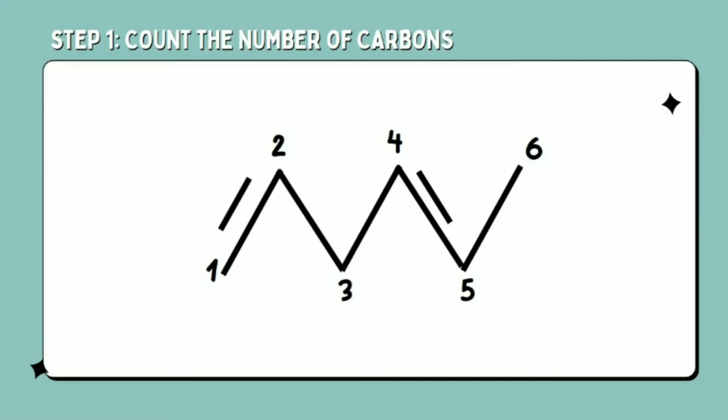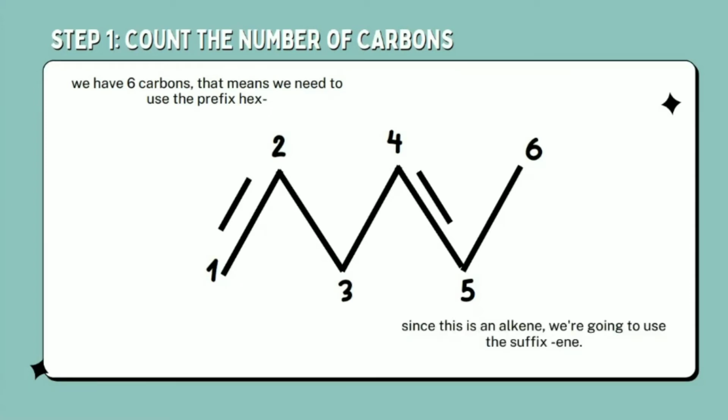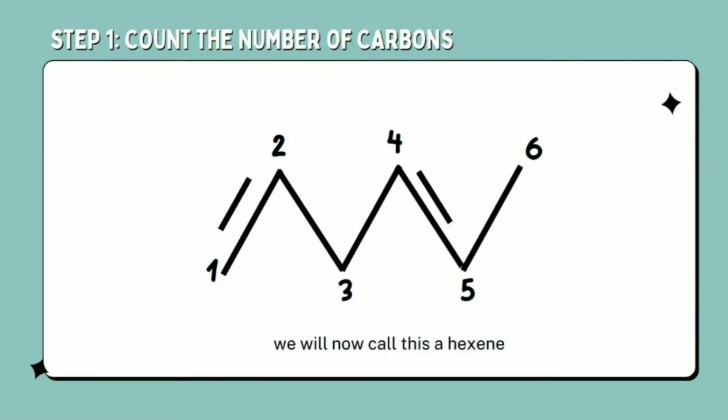Take note that this is now an alkene, so we need to use the suffix "-ene". We have now 6 carbons, that means we need to use the prefix hex. Since this is an alkene, we are going to use the suffix "-ene". We will now call this a hexene.